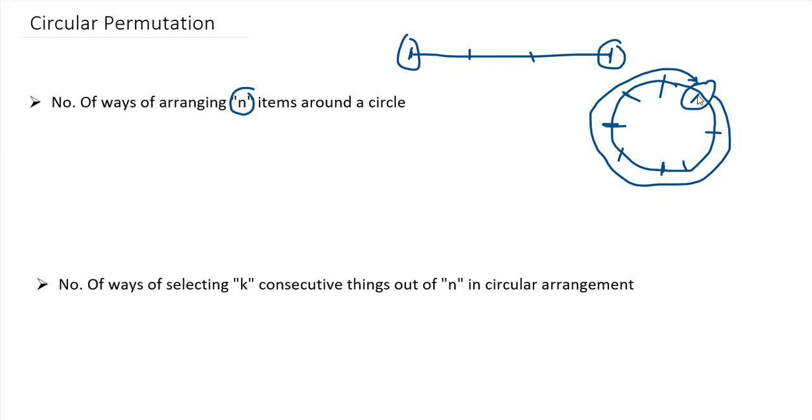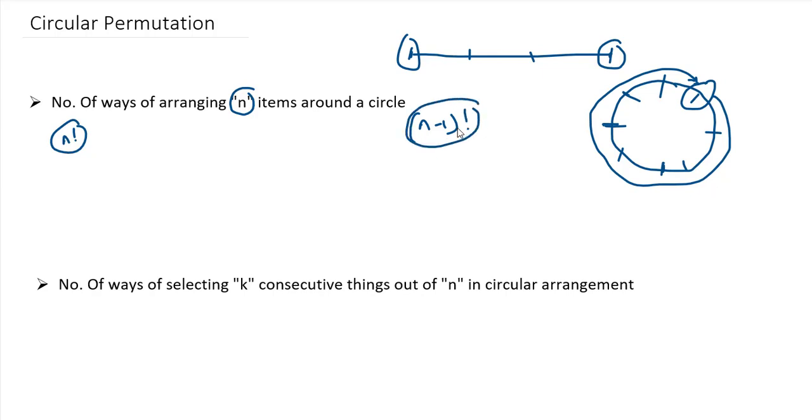Now all I need to do is place the remaining n minus 1 people at these n minus 1 places. For that, I'll use the concept that n people to be placed in n places can be done in n factorial ways. So n minus 1 people at n minus 1 places can be done in (n−1)! ways.